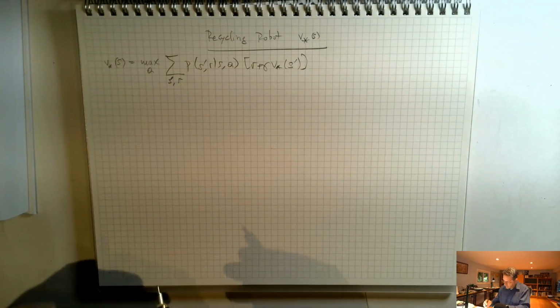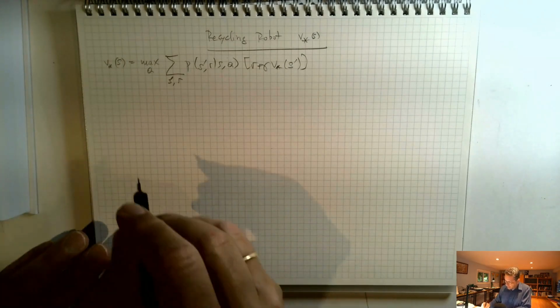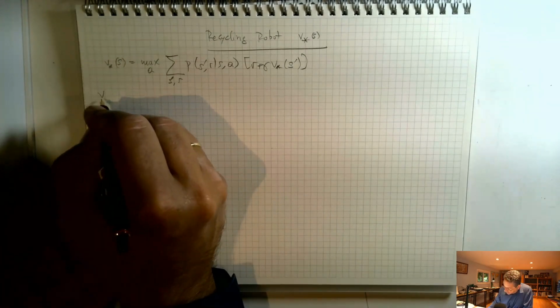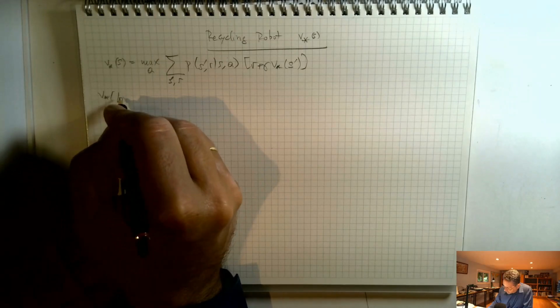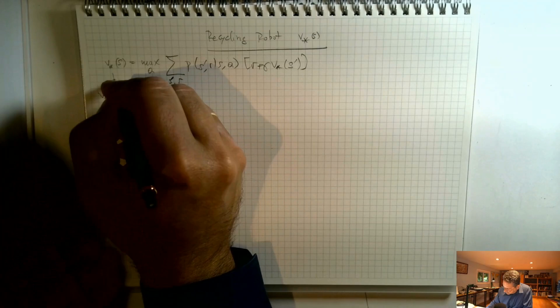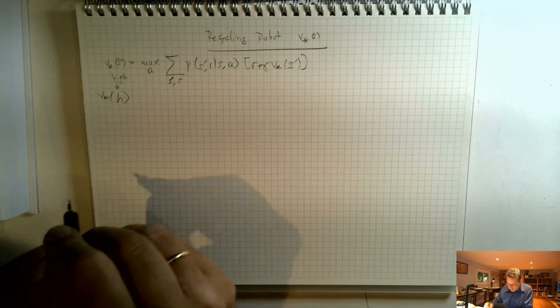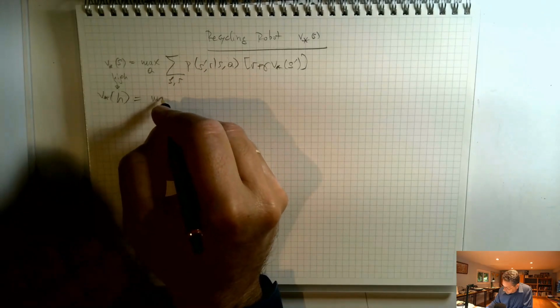Okay, and so for the recycling robot, what we need to do is to calculate V star for H, where H is the so-called high battery state, and this is effectively max.